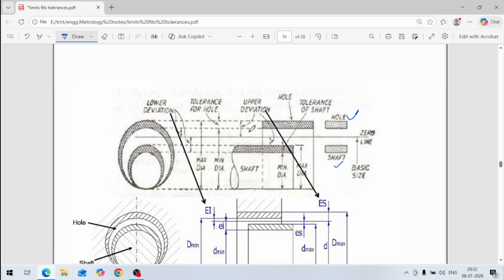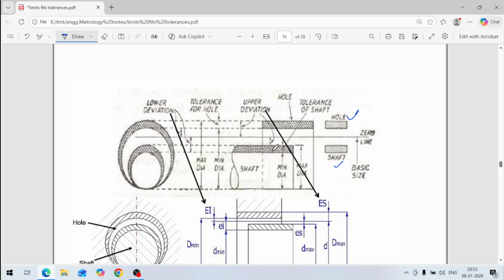And lower deviation is from zero line to the minimum size of the hole. Whereas in case of shaft, lower deviation is the small size of the shaft. Here it is upper deviation.